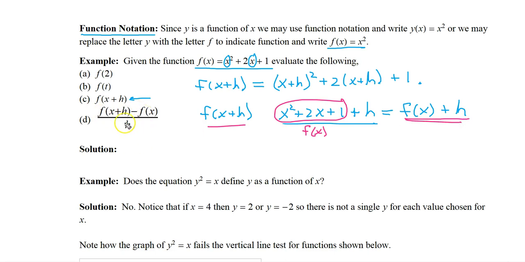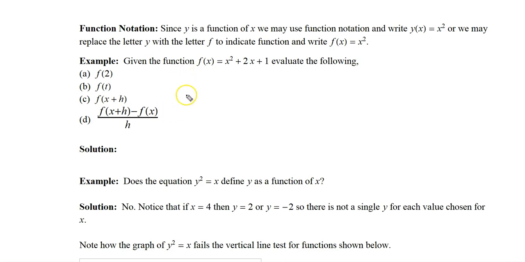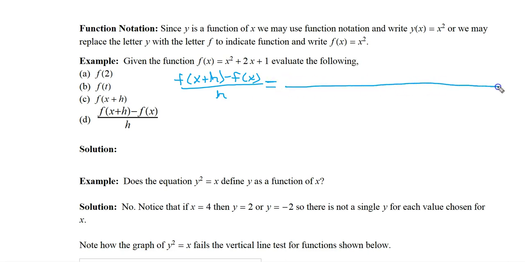Now let's evaluate f of x plus h minus f of x over h. So this quantity. Alright, so first of all, the f of x plus h.